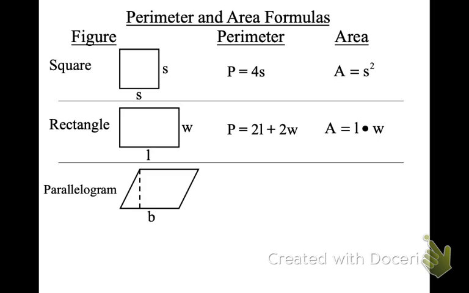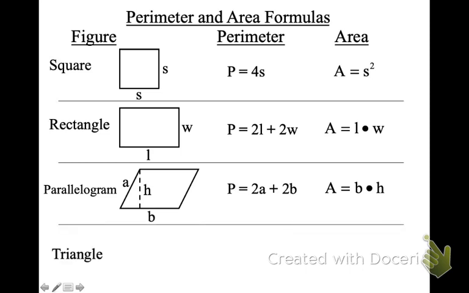Take one base and go, how high can it get? So that's what we use for area. But over here with the parallelogram, we're just going to add up all 4 sides, right? 2A's plus 2B's equals the perimeter. And for the area, we're doing base times height.